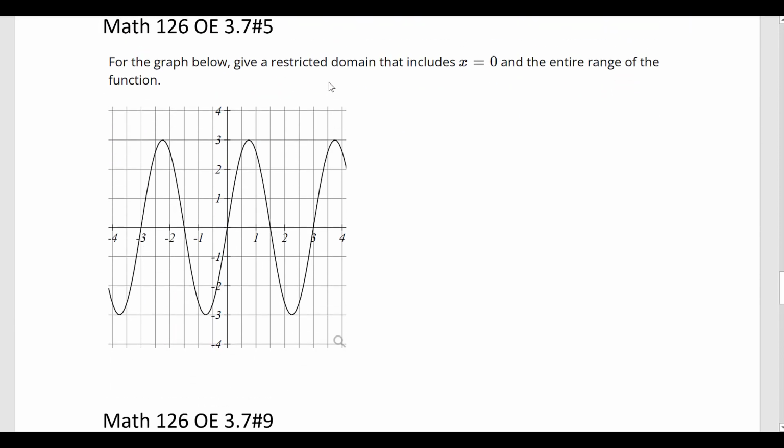This next one is a pretty quick one. Hence I didn't give myself a lot of space to work it, because we're just going to give the restricted domain that includes x equals 0 and the entire range of the function. So the range is from the lowest to the highest. And so it looks to me like this is about from negative 1.5 up to, negative 0.75, I should say.